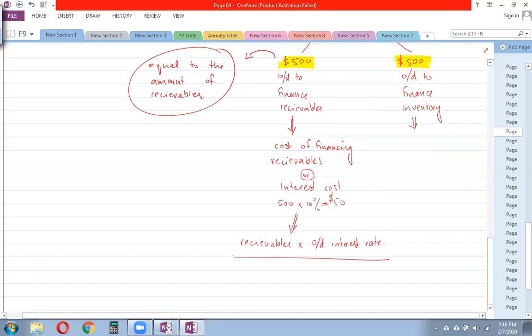That's the formula for financing the receivables: receivables multiplied by the overdraft interest rate, because equal to the amount of receivables, you'll be taking the overdraft, the short-term finance, right?